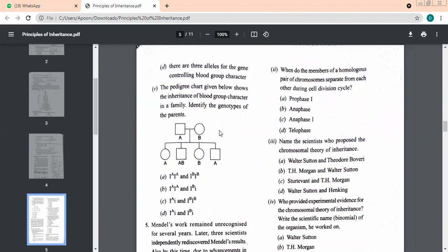Parents. Ma'am, B. B or D? Ma'am, B. Okay, one child says B. Yes, dear. The other answer.